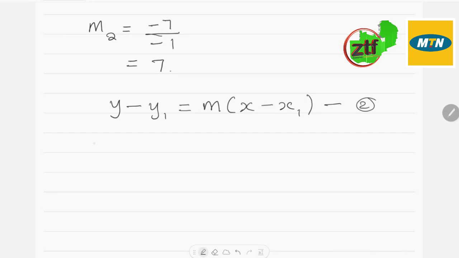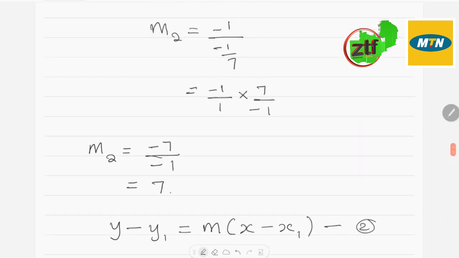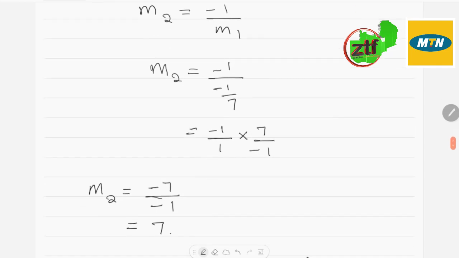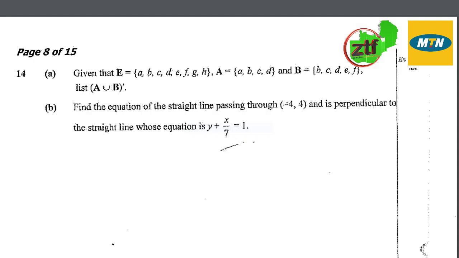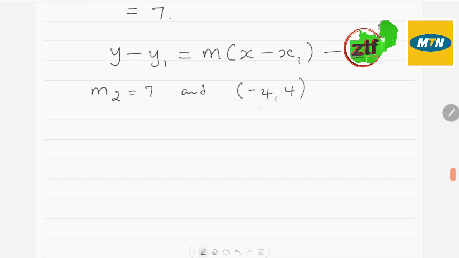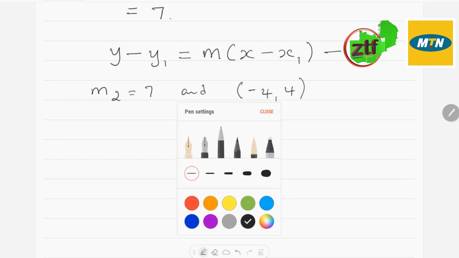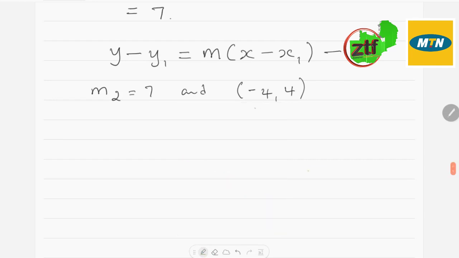So since we know that m2 is equal to 7, and the point that we are given, 1 point on the line, is negative 4, 4, I will let this negative 4 be x1, and meaning positive 4 will be y1, because it is a coordinate in the y-axis.